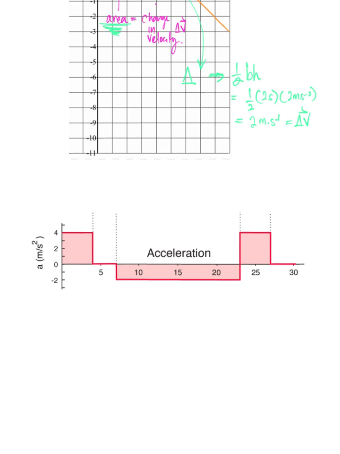The first thing we're looking at here is what is this? So if I'm looking here at the first one, it's a constant acceleration at 4 meters per second squared.